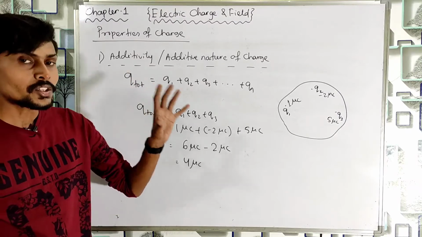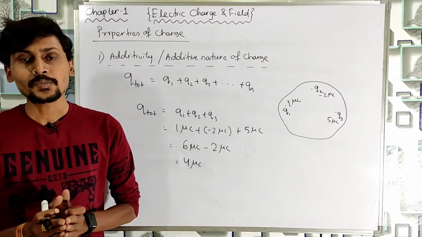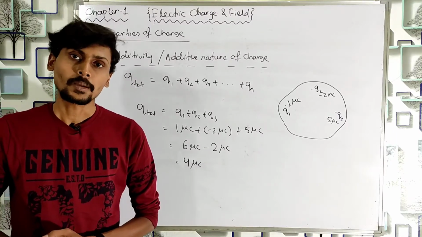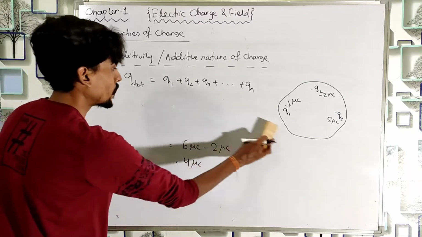It means the total charge on a body is equal to the algebraic sum of charges present at different points of the body. So let me write the definition of this additive nature.